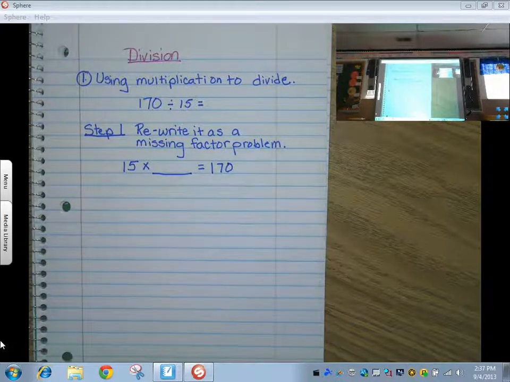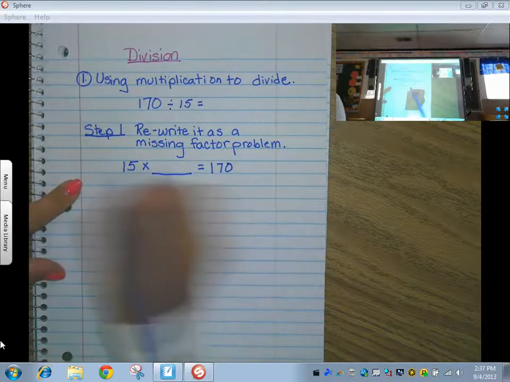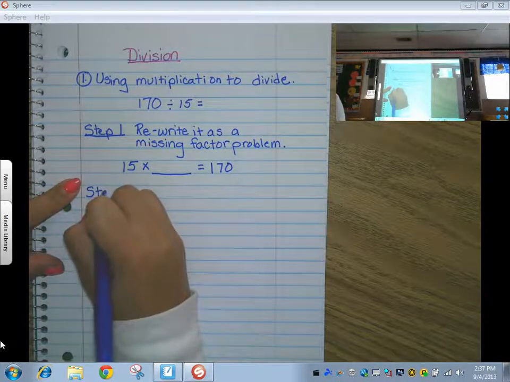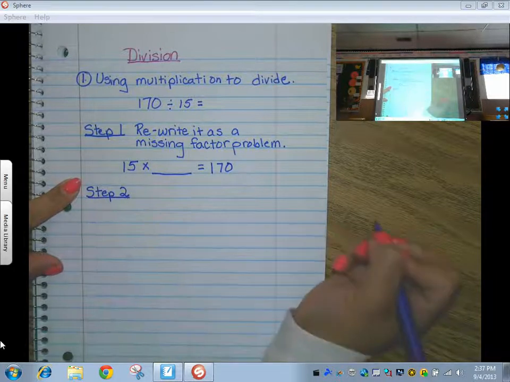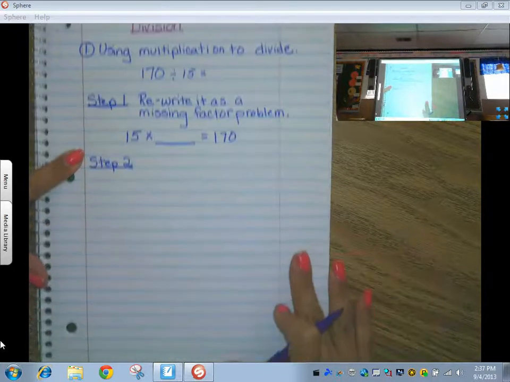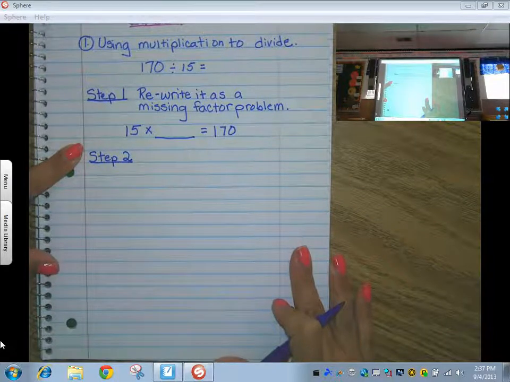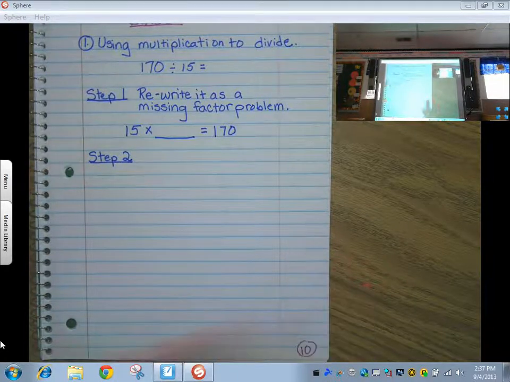Step 2, you're going to multiply using landmark numbers to get close to 170. And we'll say what it means.